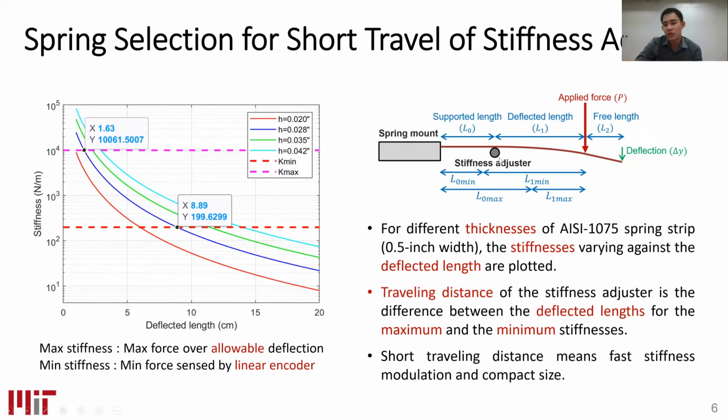The schematic shows the stiffness adjuster, and the stiffness adjuster can move to the right-hand side, closer to the applied force position. If the stiffness adjuster moves to the right-hand side, it changes L0 from the L0 of minimum stiffness to the L0 of maximum stiffness. Because if we move the stiffness adjuster to the right-hand side, we increase the stiffness, right?